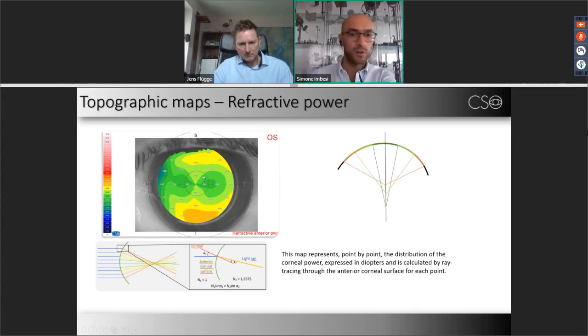The map of refractive power reports with warm colors the most refractive zones, and with cold colors the less refractive zones.